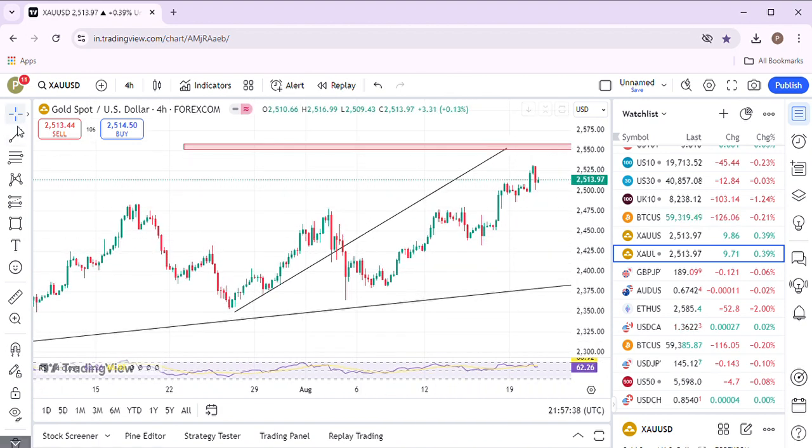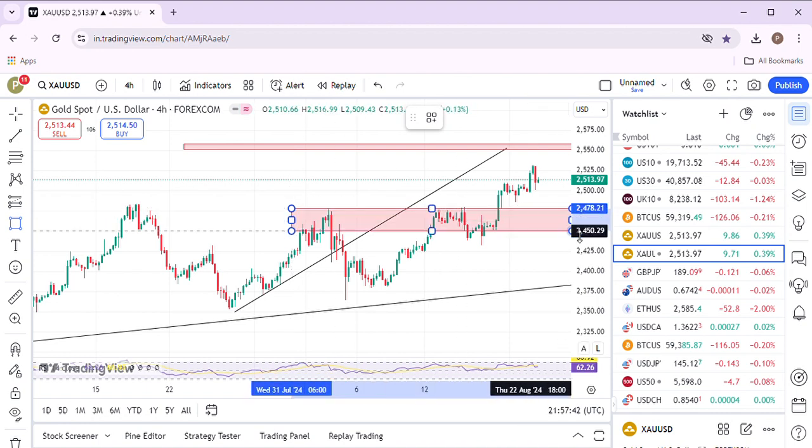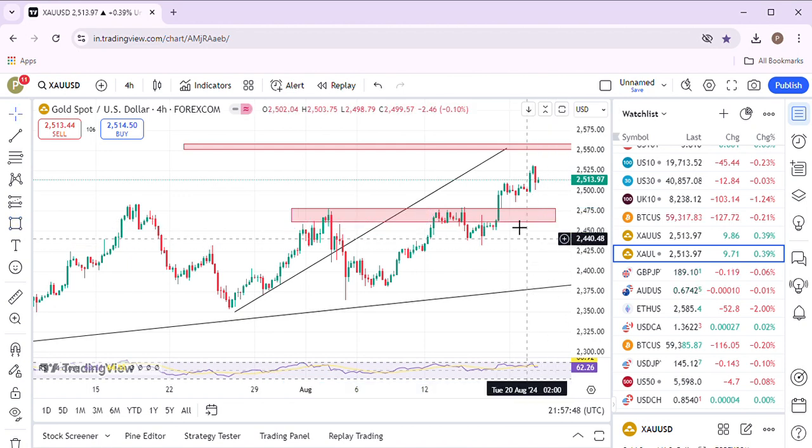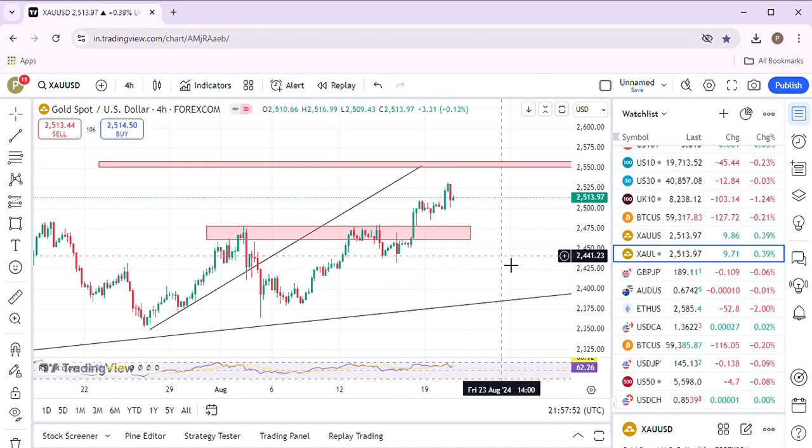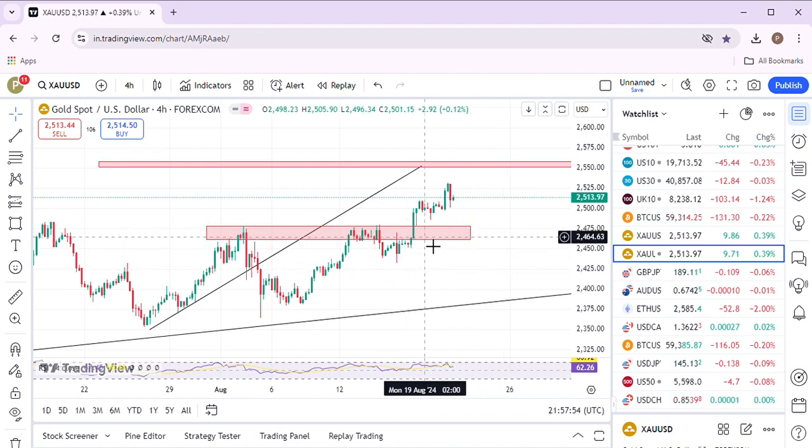Most of the traders left the position. Even I left some positions, and as I discussed, a breakout, retest and continuation. Didn't it happen? So this is the power of Fibonacci. Now why did the market drop from here?